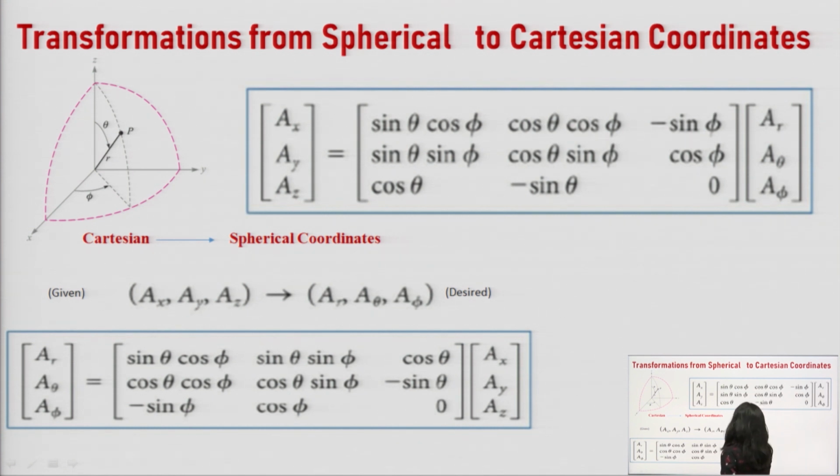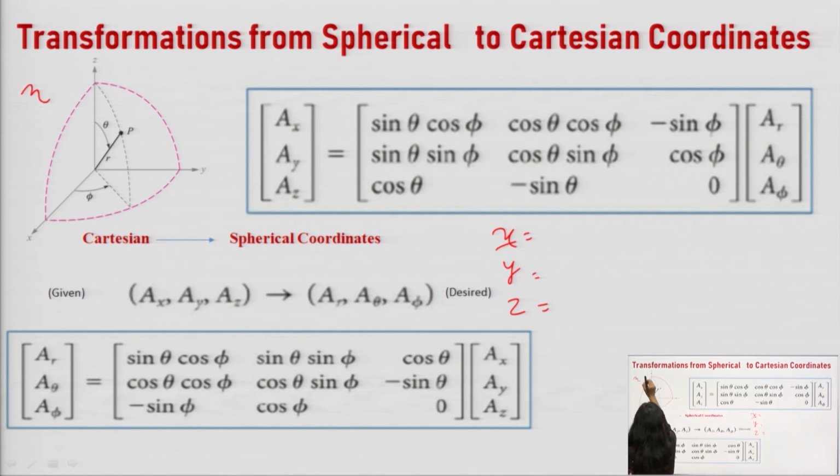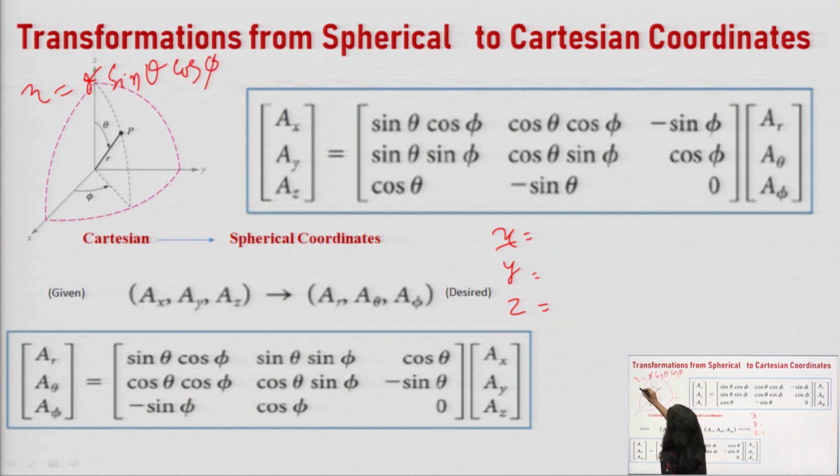As previously we have seen, x is equal to r sin theta cos phi, and y is equal to r sin theta sin phi, z is equal to r cos theta.